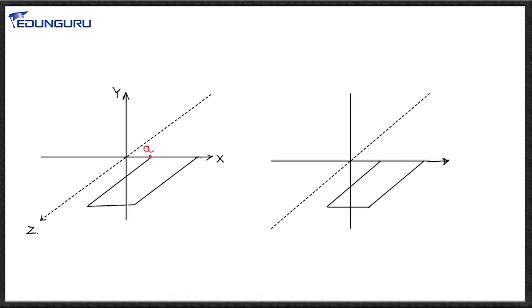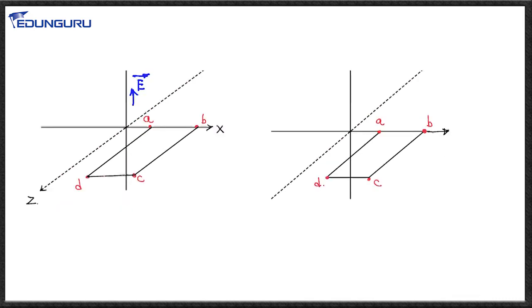Let us label it A, B, C, D. Here also this is the same loop. One diagram we will use to find B dot dl, and the other one we will use to find the electric flux. Right. The electric field is towards the y axis, and the magnetic field is towards the z axis, right.